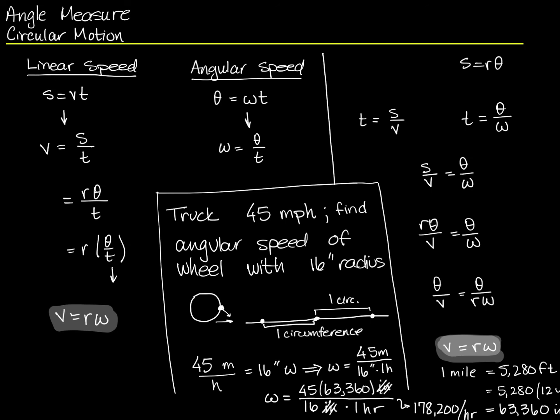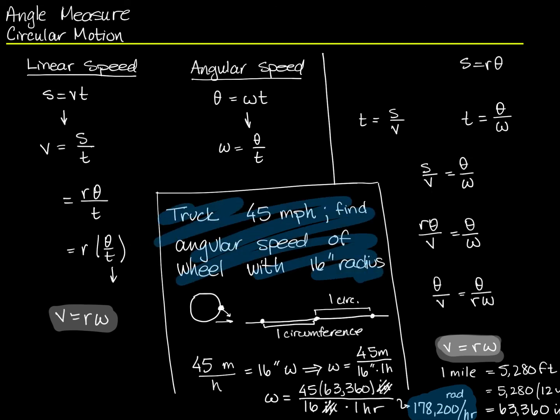So I have 178,200 radians per hour, and that's my angular speed. This is my answer to the question I asked up here: the truck going 45 miles an hour, what's the angular speed of a wheel with a 16-inch radius?